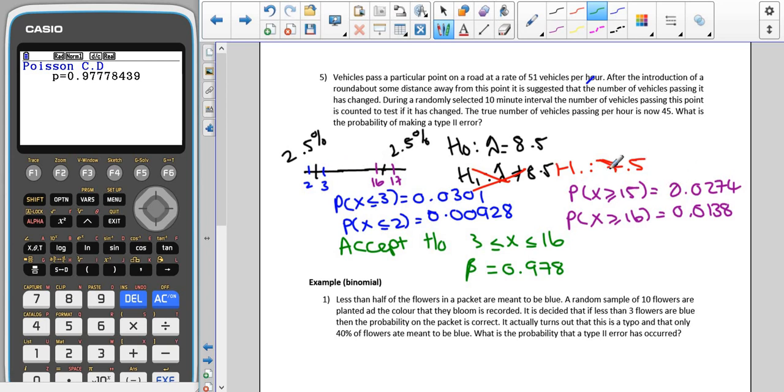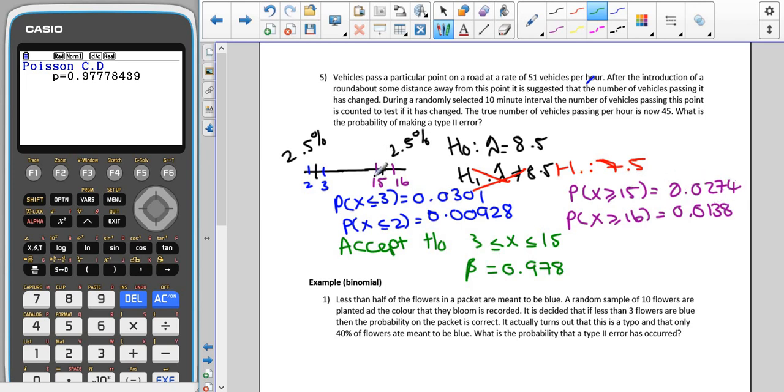I then did the same at the top end. Sorry, I wrote those down incorrectly. That should have been 15 and 16, and then that means that this is 15, so this is going to change. Sorry about that. 15 gave me a value that was more than 2.5%. 16 gave me a value that was less than 2.5%.